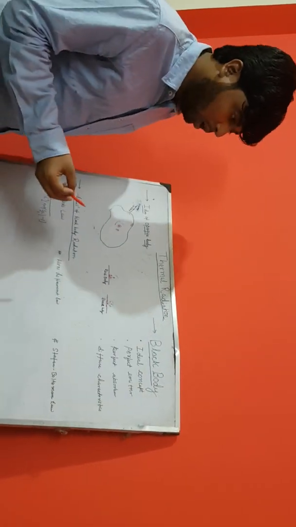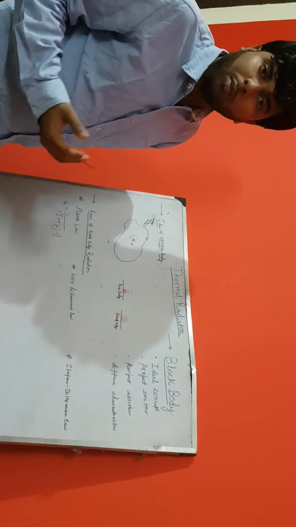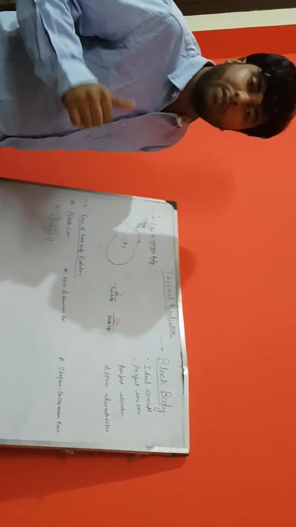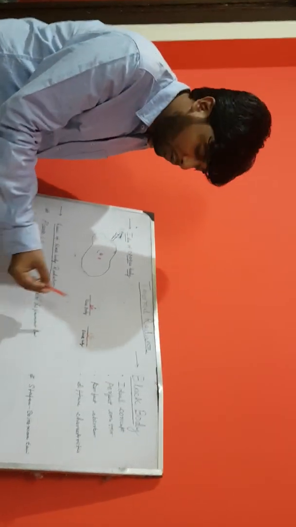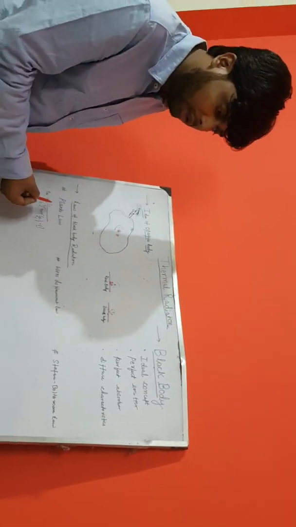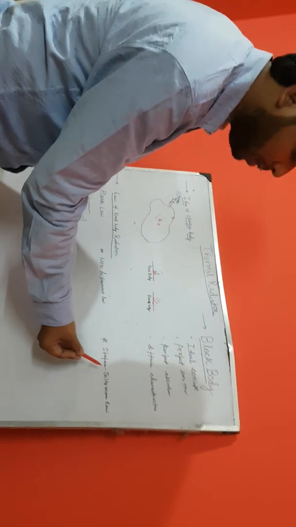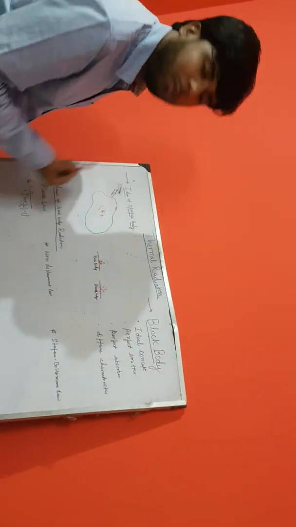Now there are three basic laws for black body radiation. The first, the fundamental law, is Planck's law. Second is Wien's displacement law, which is derived from Planck's law. Third is the Stefan-Boltzmann law, which is also derived from Planck's law.